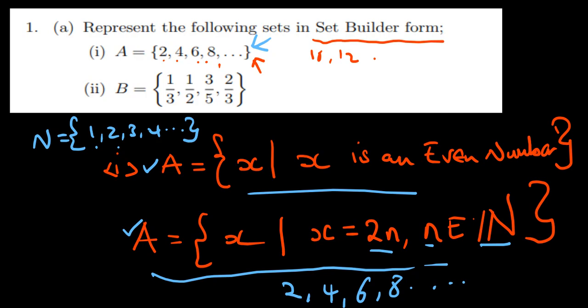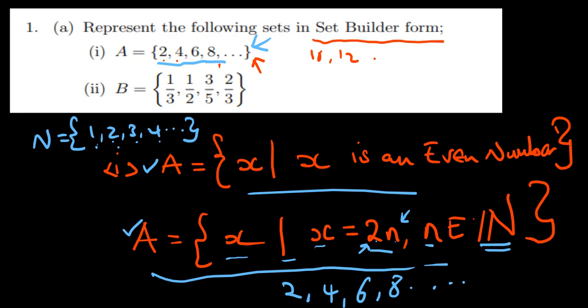So we are going to say this set A is a set of all these x's such that x is equal to 2n. We put 2 here so that it becomes an even number, because in this set we can see all even numbers, right? And then this n here can take any value as long as it's a natural number. The natural numbers start from 1, 2, 3, 4, 5, just like that until positive infinity.